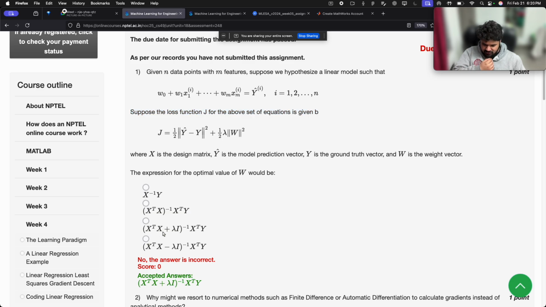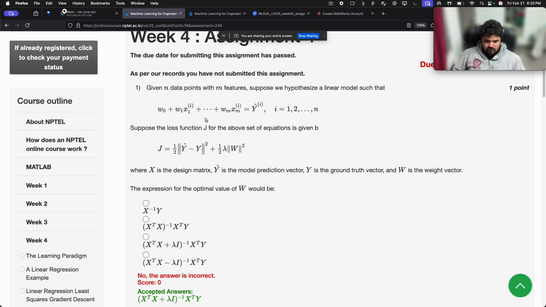This C option. Linear model, suppose the loss function is given where X is the design matrix, Y dash is the prediction vector, Y is the output, W is given.